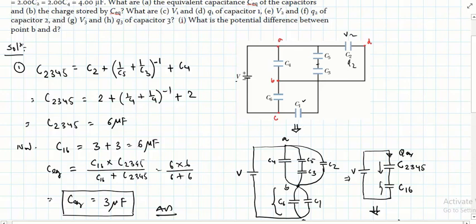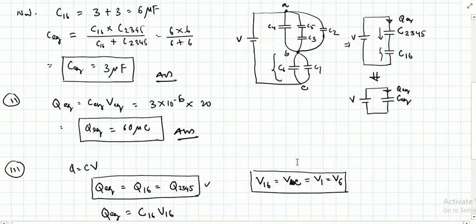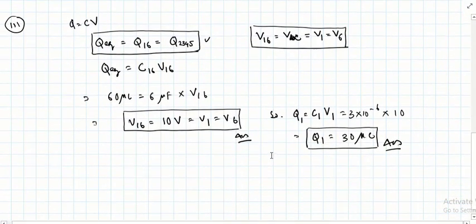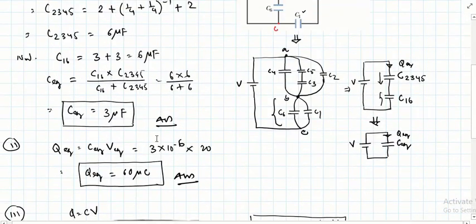So that means across these two nodes between A and B, that should also be 10 volt, right? We can also find it out mathematically over here. Logically I'm going to do that. V2 is basically the voltage across node A and B, right?